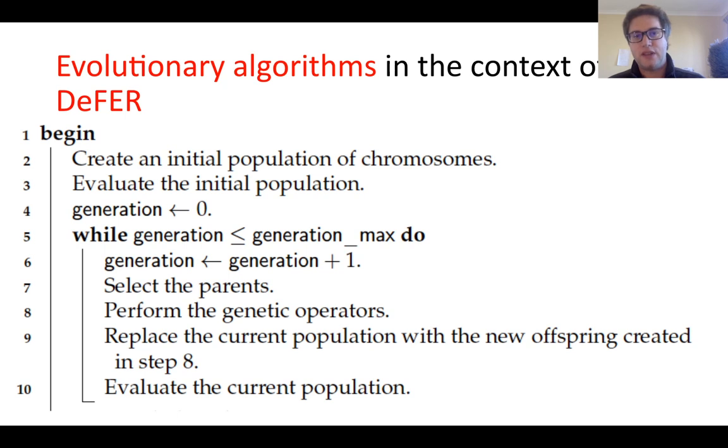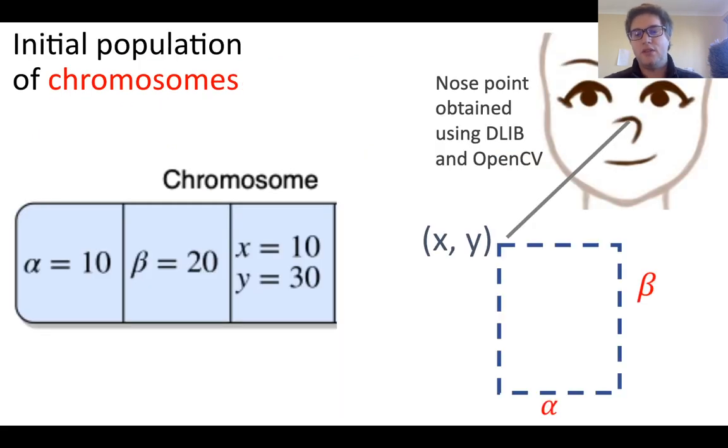Here is the basic outline of the evolutionary algorithm, and then I'll talk about the proposed algorithm in the context of the evolutionary algorithm. The first step is to initialize a population of chromosomes, and in our case, a chromosome looks something like this. We have an alpha parameter, which dictates the width of the patch, a beta parameter, which dictates the height of the patch, and the x and y coordinates of the top left corner of the patch.